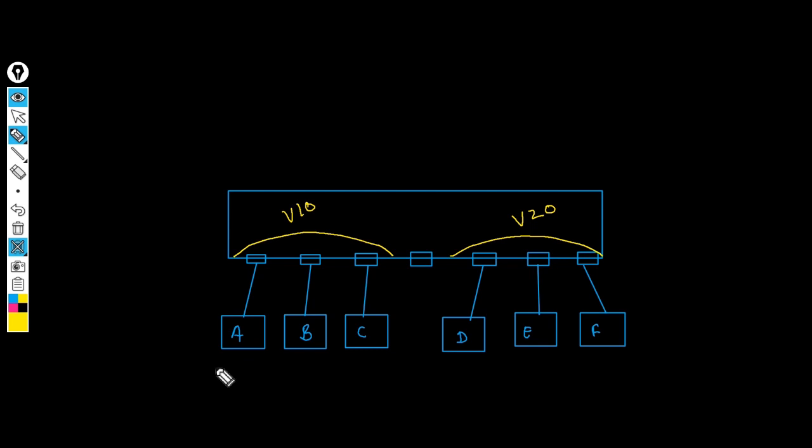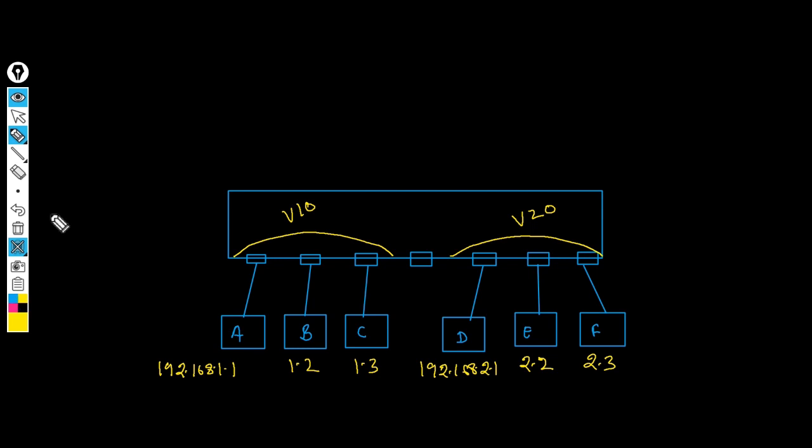Let's say here you have 192.168.1.1, 1.2, 1.3. Similarly here, 192.168.2.1, 2.2 and 2.3 are the IP addresses that you have.